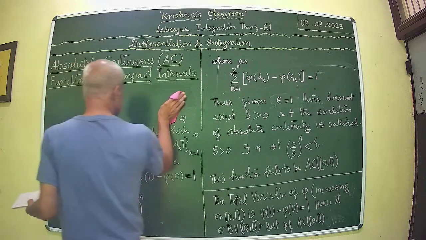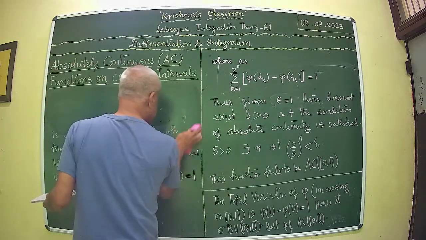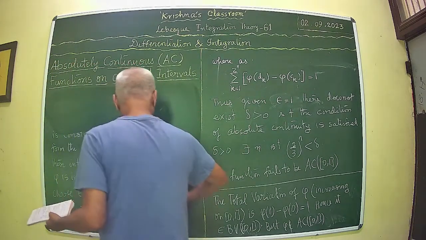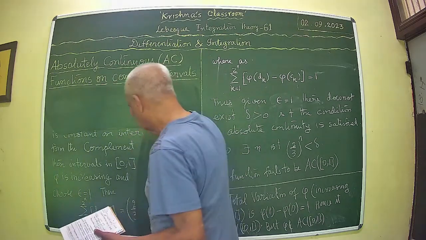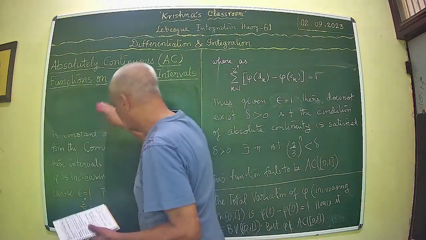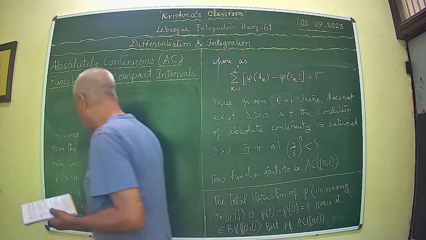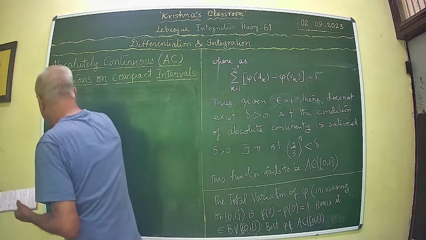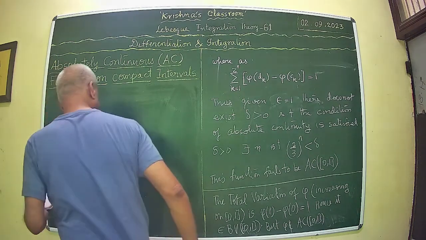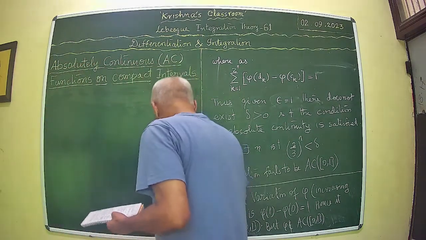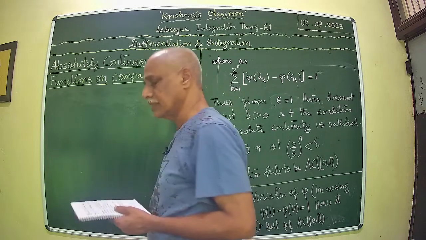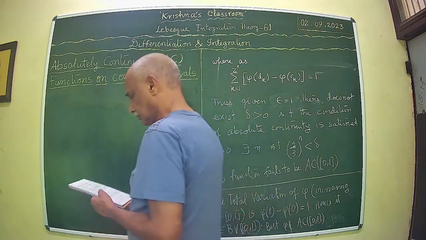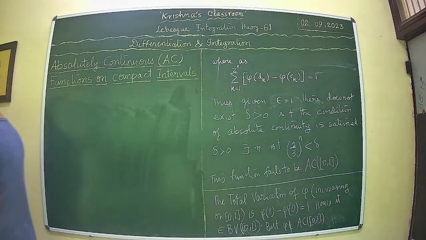Now we shall see the relative relationship between these concepts. So apparently absolute continuity puts more stringent restriction on the function than the bounded variation condition. So we now start exploring this.